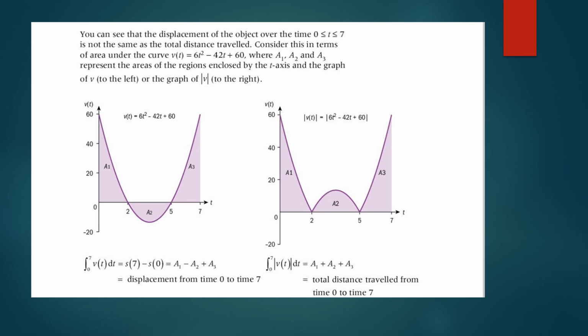So here we have area 1, area 2, area 3. It's the same as area 1 minus area 2 minus area 3. So we are getting the net of the areas. Whereas for the total distance, this is similar to finding the total area. So we have area 1 plus area 2 plus area 3.